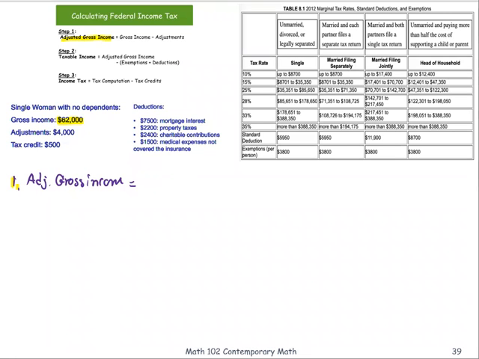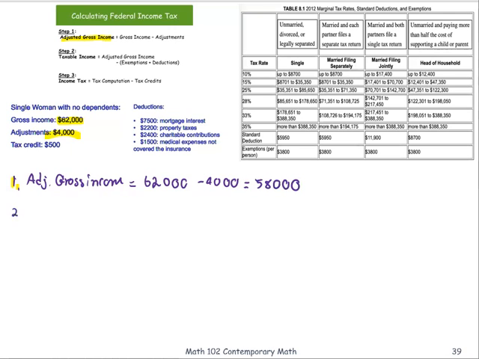So this is 62,000 subtracted by the adjustment. The adjustment is given to be 4,000. And the value for the adjusted gross income is 58,000.